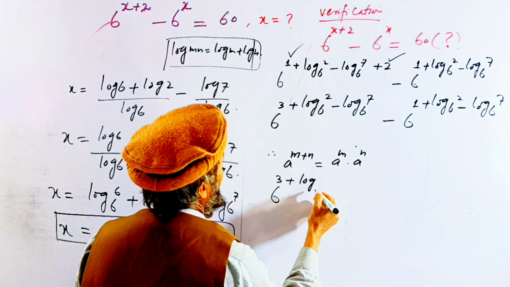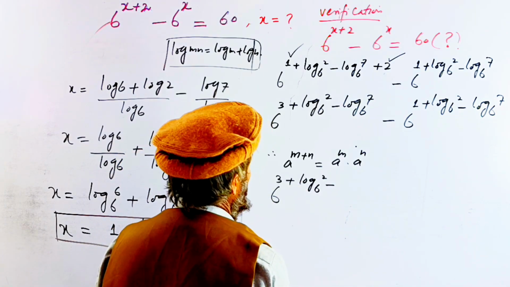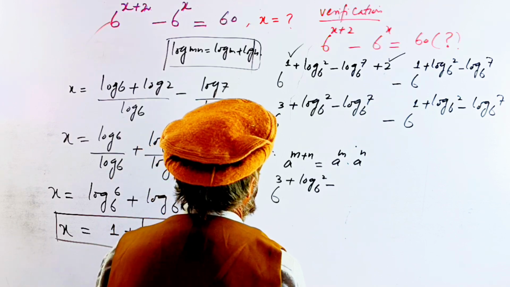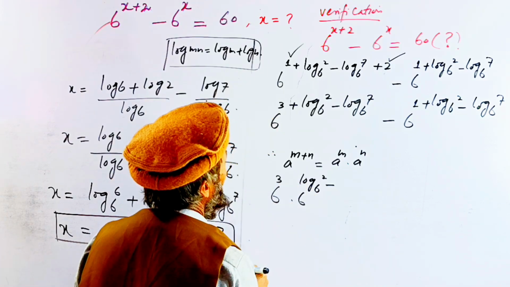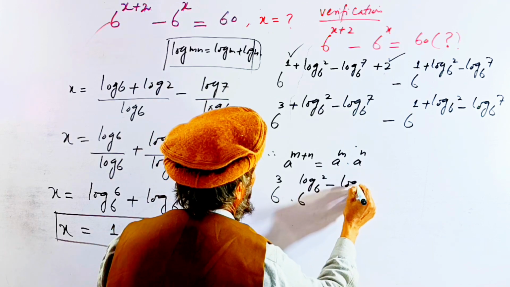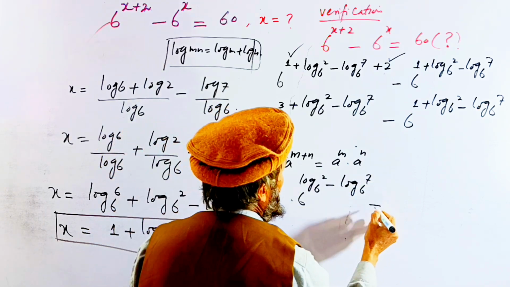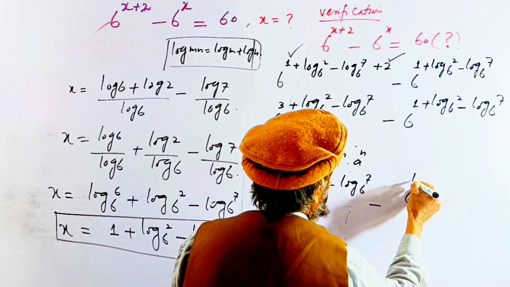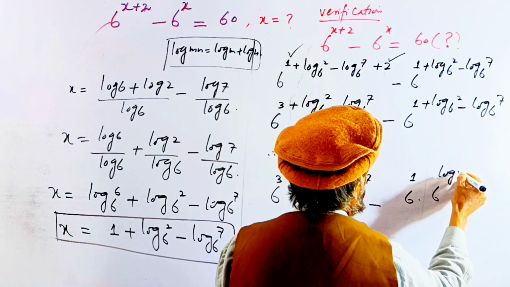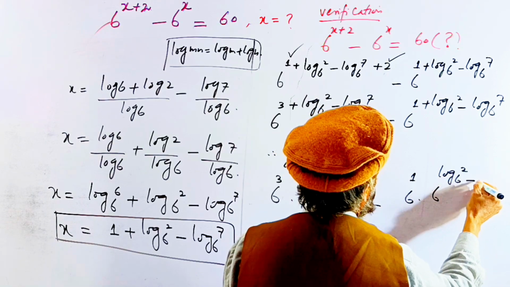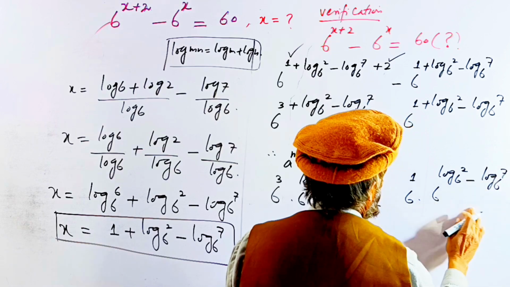minus, and also we can write 6 power log base 6 of 2 minus log base 6 of 7, minus, and here we can also write 6 power 1 and 6 power log base 6 of 2 minus log base 6 of 7.